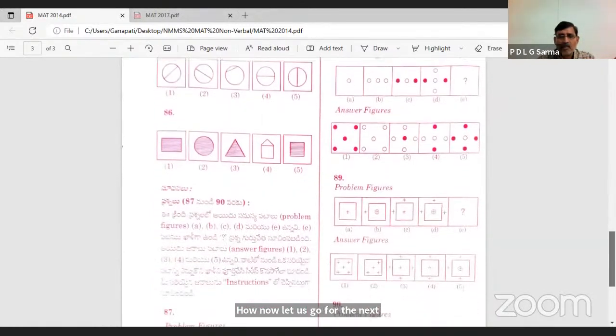Now check that. What is the correct answer for this? Question number 89. Observe it carefully. We are now moving ahead to question number 89.